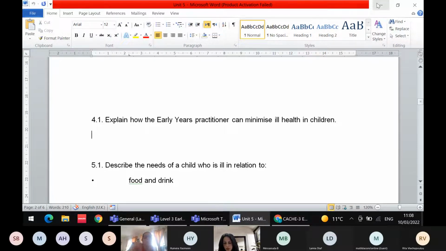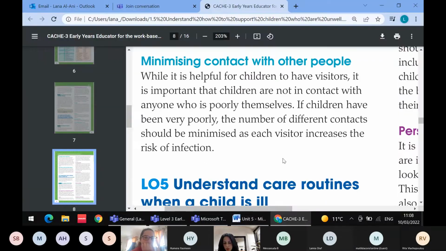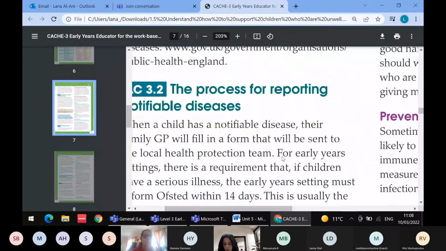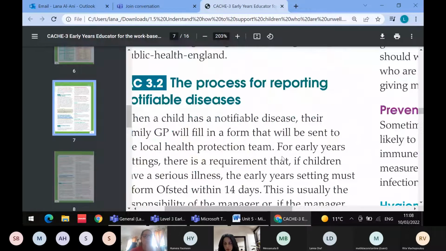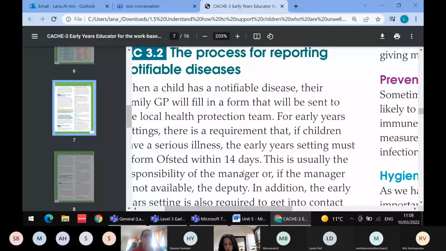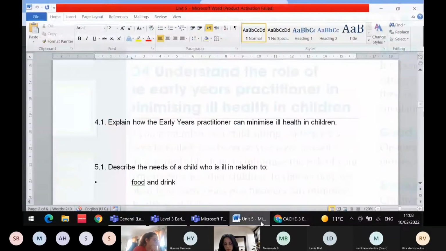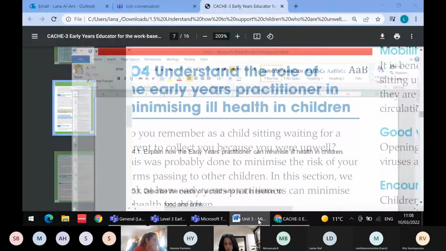So to minimize it, we need to talk about all these points from the beginning, which is 3.2. No, let me check. 4.1. It's here, 4.1.